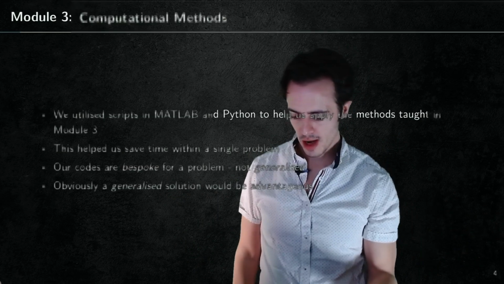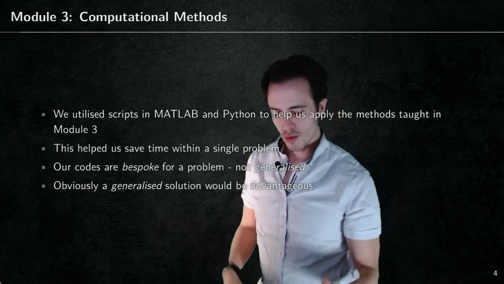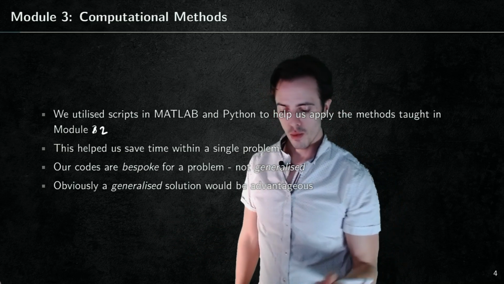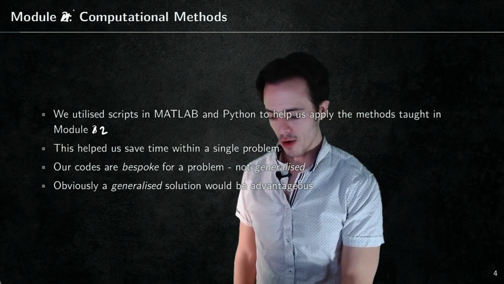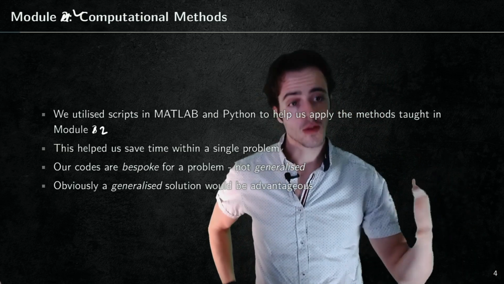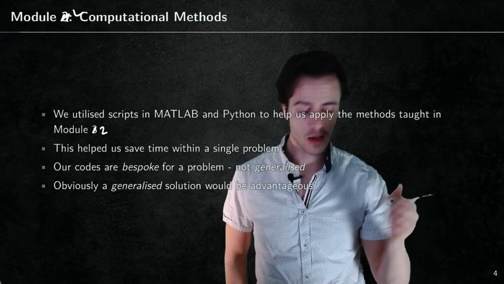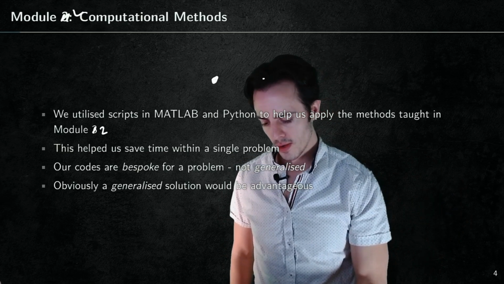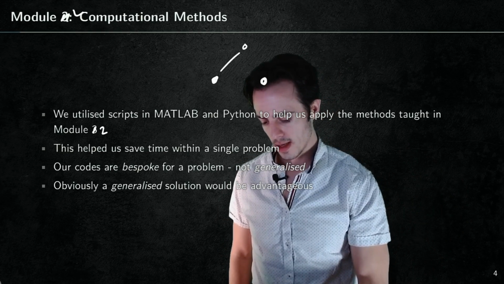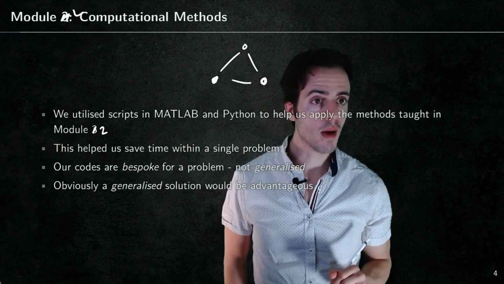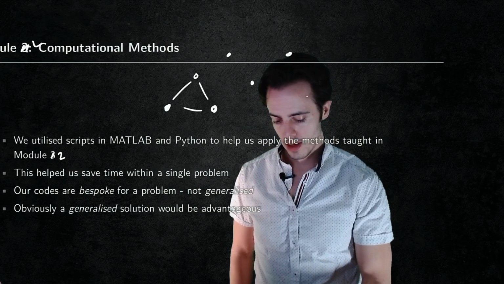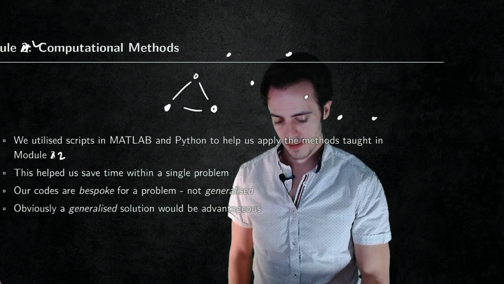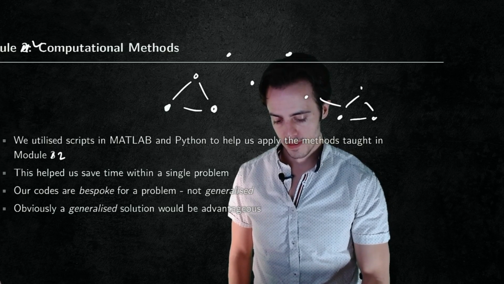And what do I mean by generalized? Well, a generalized solution would be one that we could chuck any truss problem at. Any similar problem. Now, trusses, remember that the truss frames that we're looking at comprise nodes connected by 2 force members. So I could have many of these in a problem.